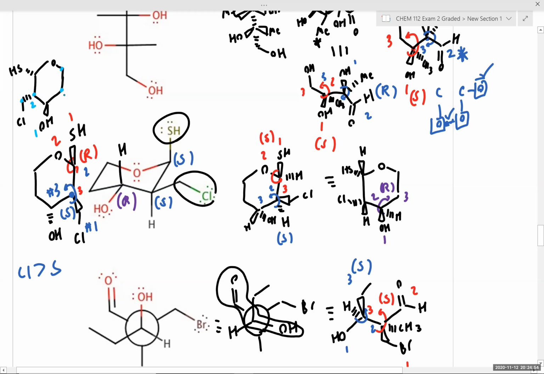Yes, it is. And the alkyl group attached to our oxygen is priority 3. Tracing from highest to lowest priority, that gives us an R stereocenter. Does that make sense to everyone? Make sure to count one carbon at a time.